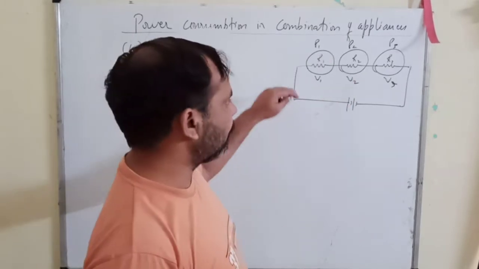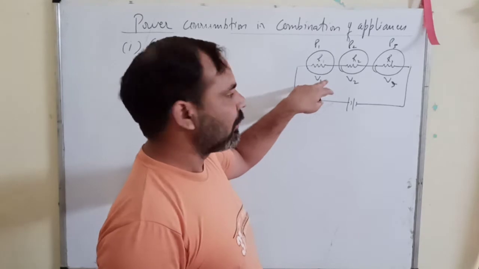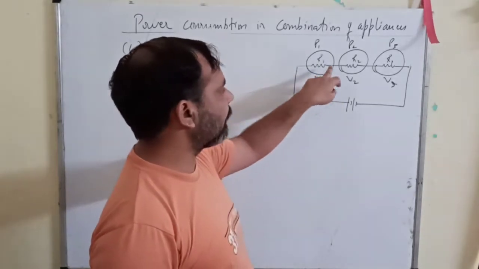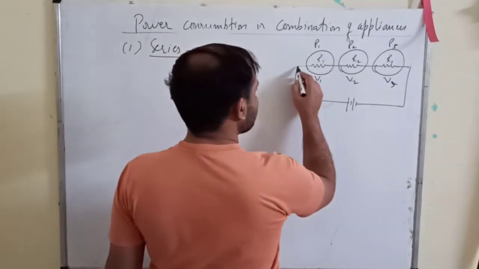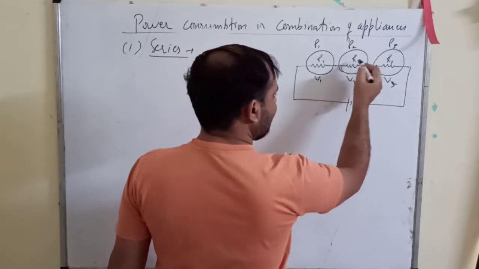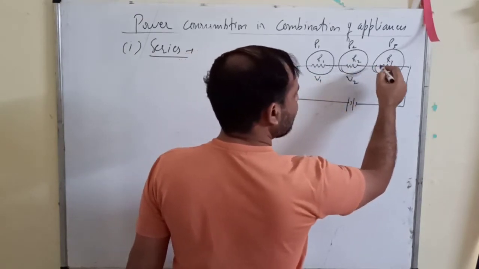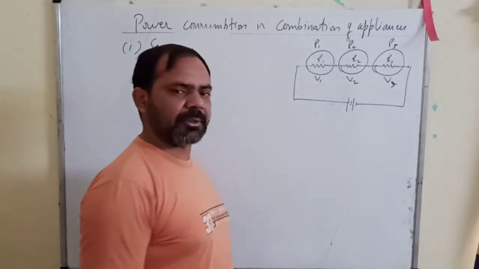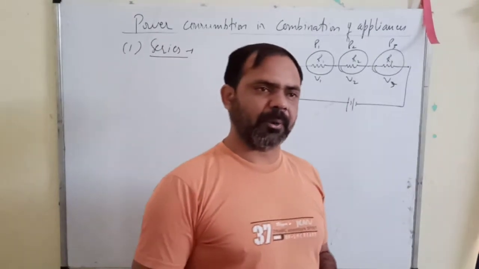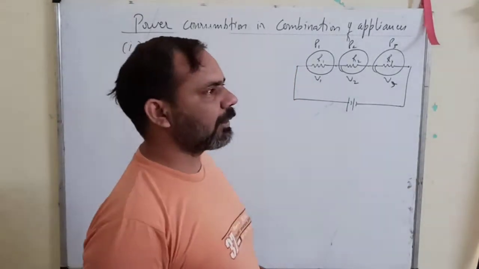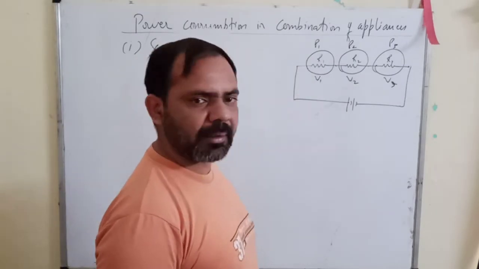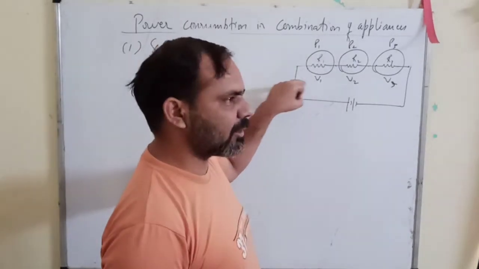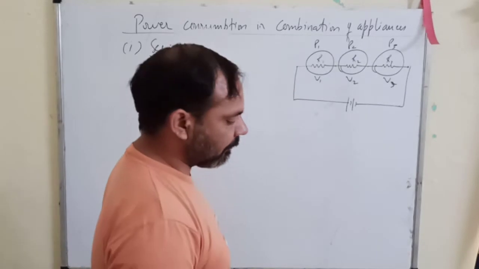The potential difference will be different because they are connected between different points. The first appliance is connected between these 2 points, the second between this and this point, and the third between these 2 points. Their potential difference is different.